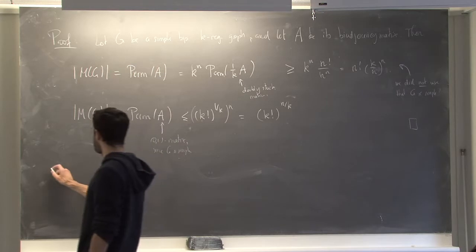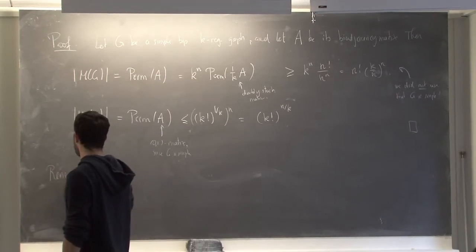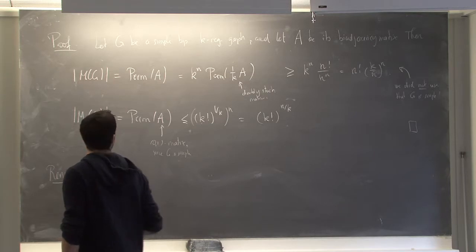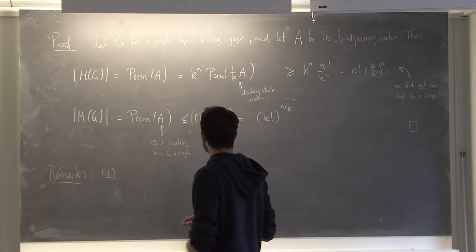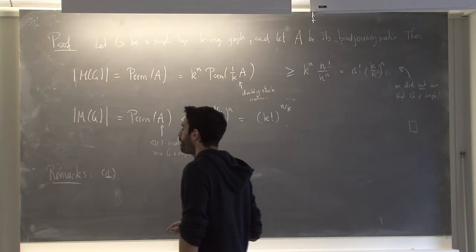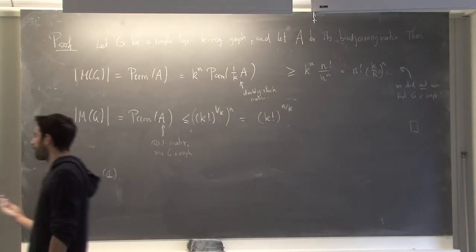Okay, so I'm just going to make a couple of remarks. The first remark is that I wanted to make a discussion on how sharp these bounds are, but I put it in the homework.